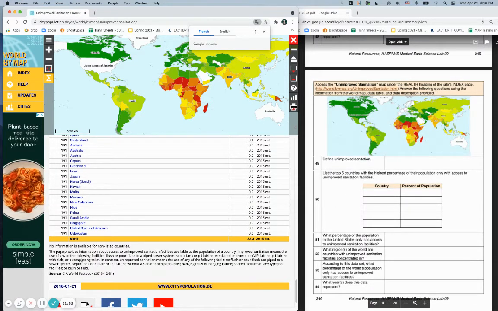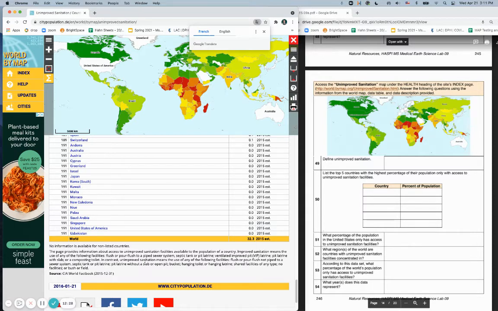Okay, so it means that they're using flush or pour flush to a piped sewer system, septic tank, pit latrine, kind of basically an old school type of toilet, not our typical sewer system that we have where we flush it down and it goes to the sewage treatment plant.